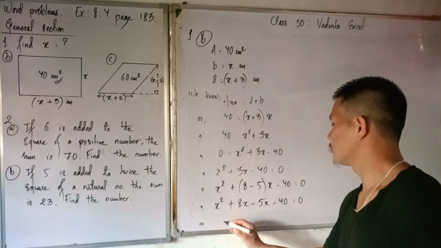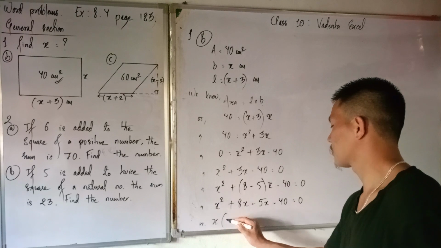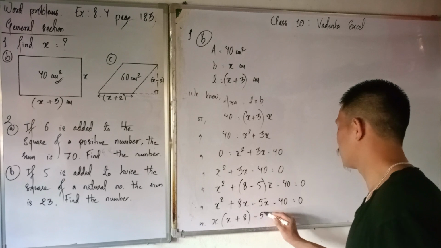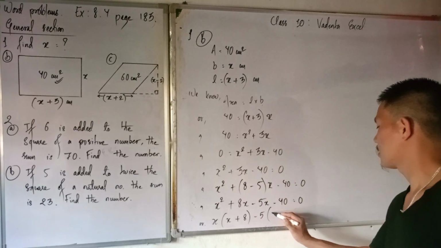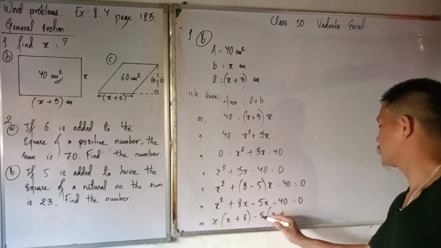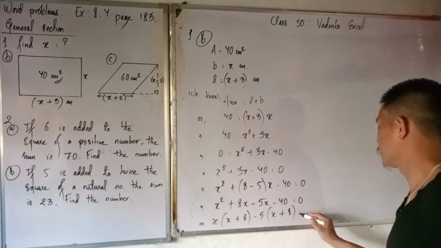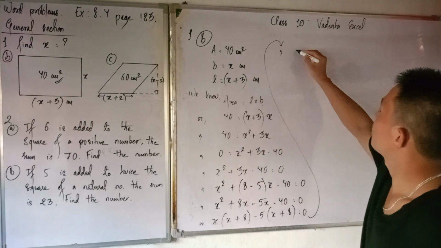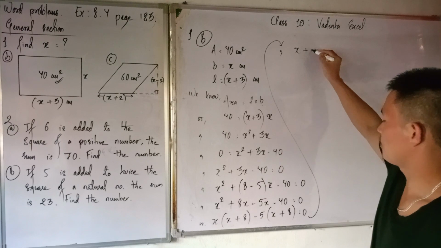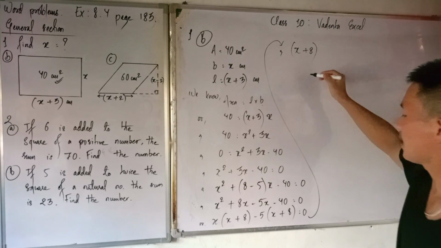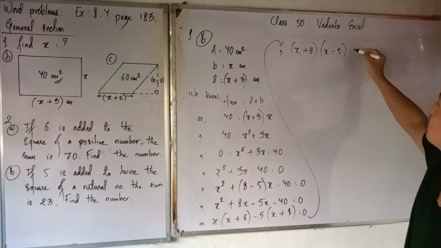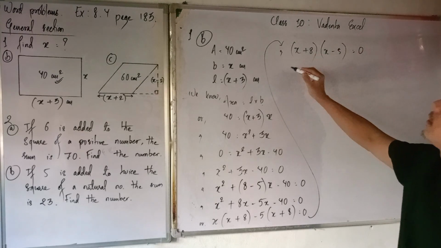Or you just take x common here: x plus 8 minus 5 you take common, x plus 8, minus 5 times x plus 8, equals 0. Now from there, x plus 8 is common, and the remaining inside the bracket is x minus 5, equals 0.